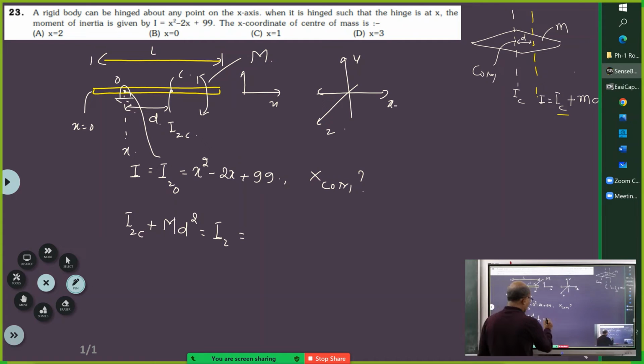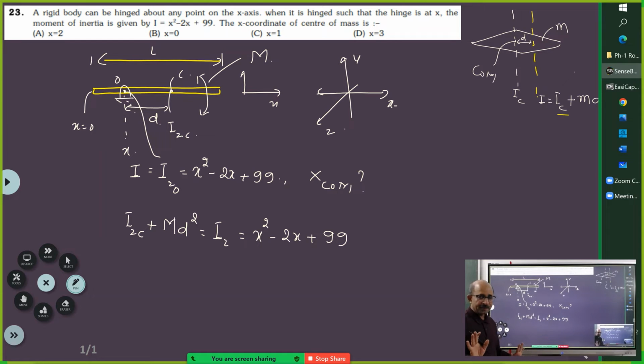So Iz is equal to what? Here it is x square minus 2x plus 90. At least the basic equation you have formed. Now you expand this. So this is IZC plus m into what is d? From here, if x is equal to 0, this point becomes xcom, no?